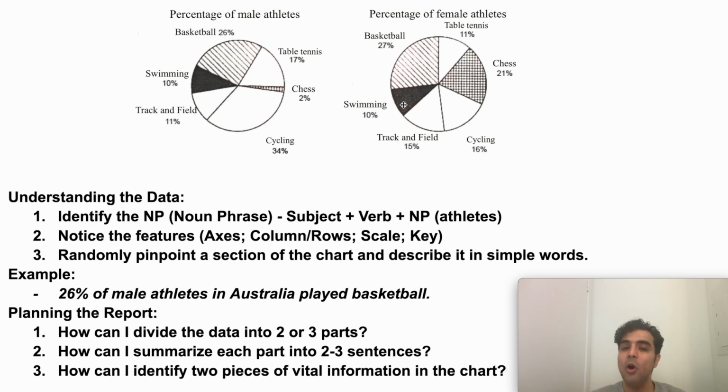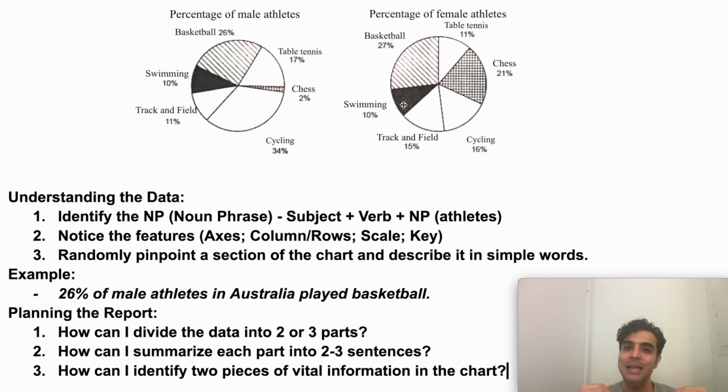But similarities aren't the only feature that you could include in your response. Sometimes it's stark contrast. For example, the biggest difference among male and female athletes seems to be in their interest in chess. So while 21% of female athletes enjoyed chess or played chess, only 2% of male athletes were interested in this sport.